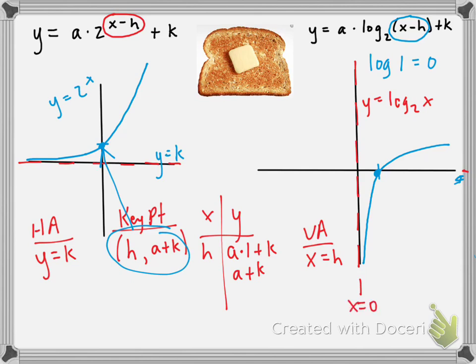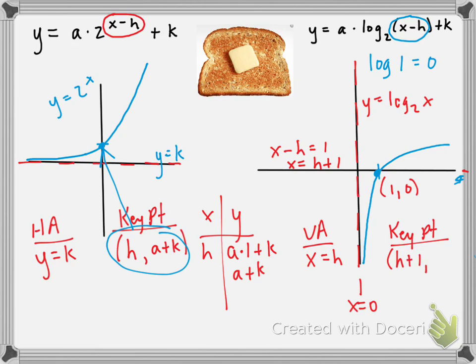The key point is at (1, 0), and the key point in general, if you think about it, is where x makes x minus h equal to 1, so when x is equal to h plus 1.